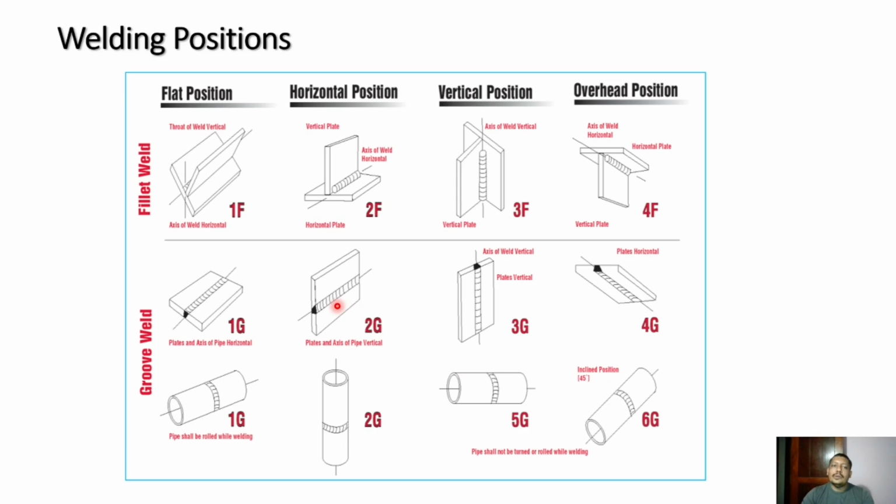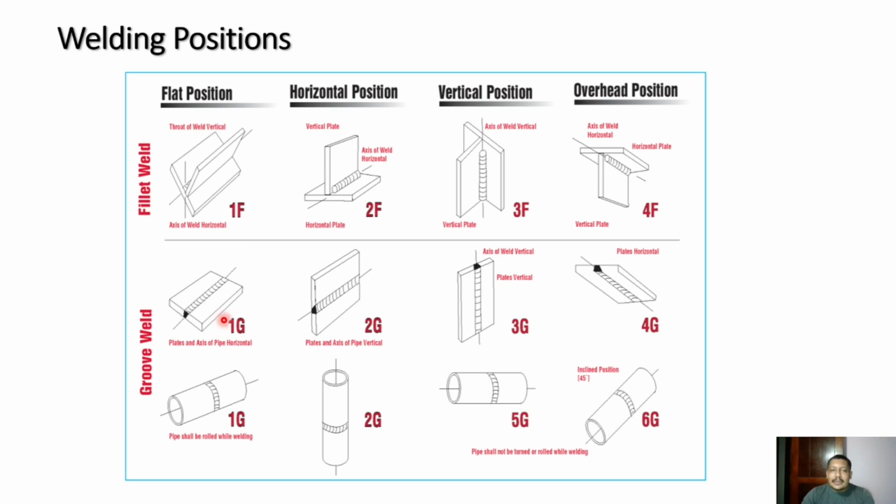There are two terminologies: one is called F and the next is called G. F corresponds to fillet weld and G corresponds to groove weld.